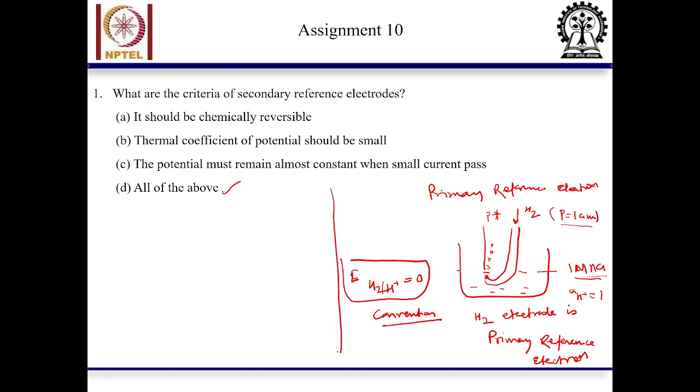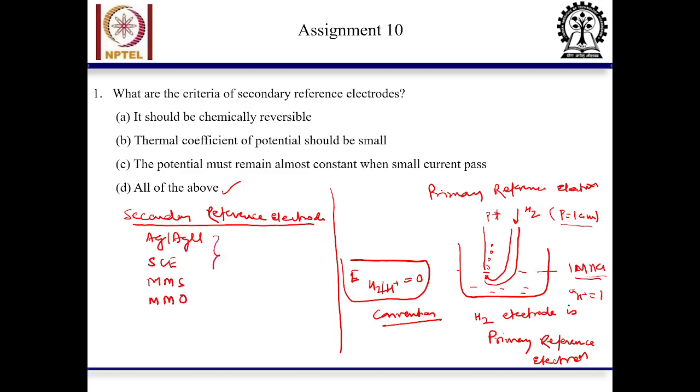So people came up with the secondary reference electrode. What are examples? Your Ag/AgCl reference electrode, standard calomel electrode, mercury mercurous sulfate electrode, mercury mercurous oxide electrode. So these are your secondary reference electrodes.